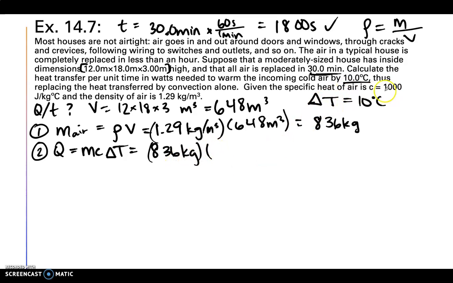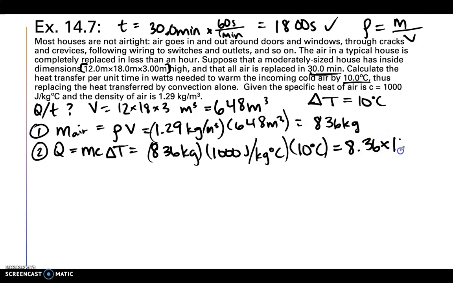C for air is 1,000 joules per kilogram degrees Celsius, and our delta T is 10 degrees Celsius. Okay, so our heat transfer due to the change in temperature of the air in the house is 8.36 times 10 to the 6th joules.